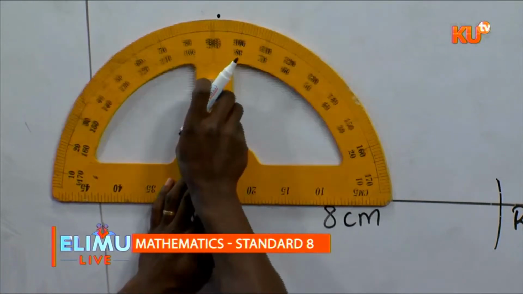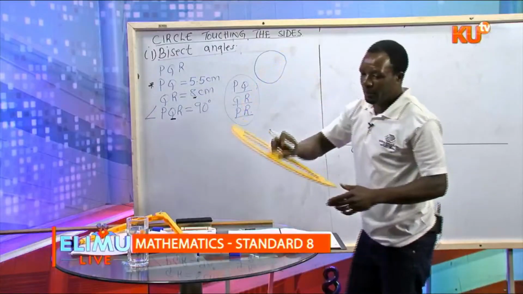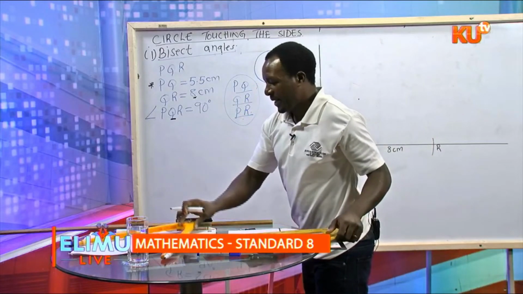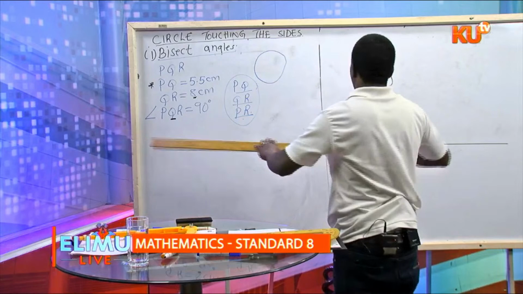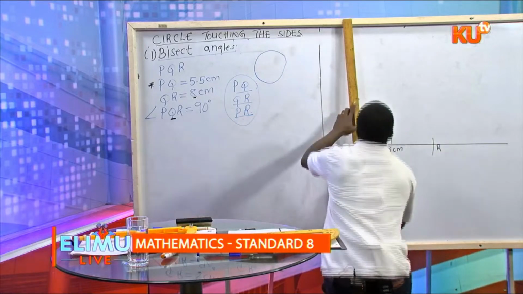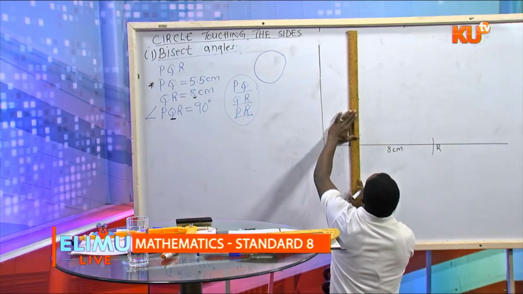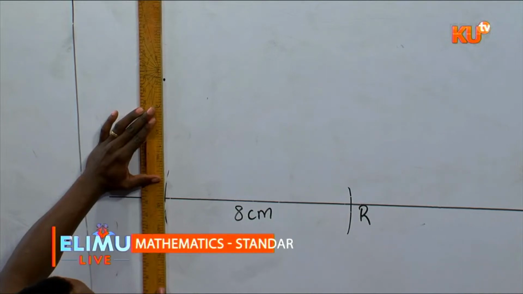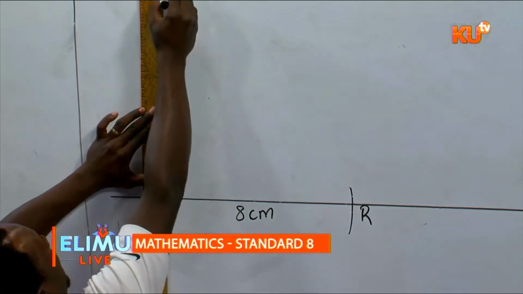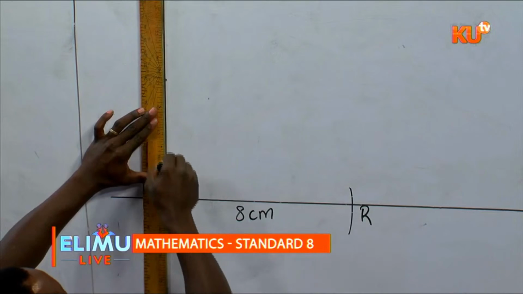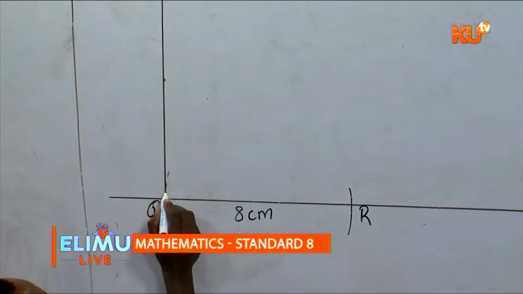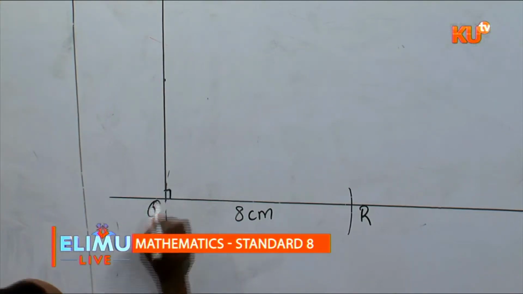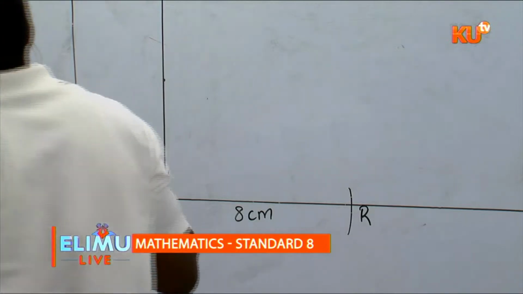Put a dot. Remove your protractor. And then take your ruler. Draw a long line, and let that line pass over the dot you have put. So, this one is 90 degrees. It is our right angle there.